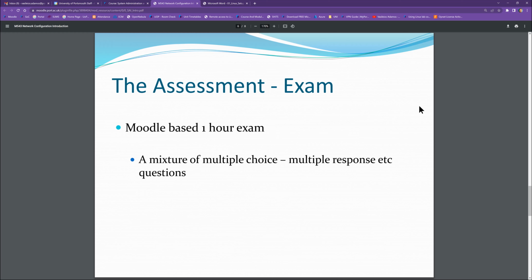All of the questions in there are directly from the material that we've delivered in class and in the lab. That's why the best resource for you to revise for the exam is actually your logbook, because that should contain everything that you've done and everything that we have delivered in the module itself.